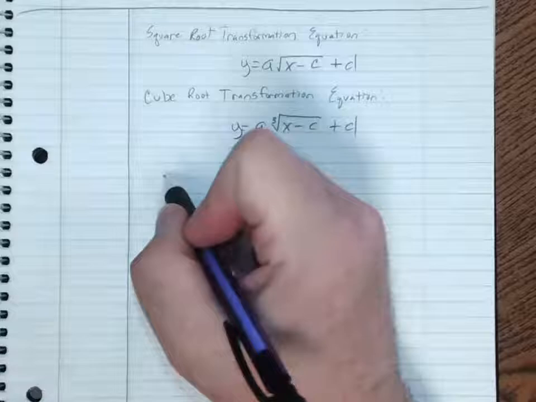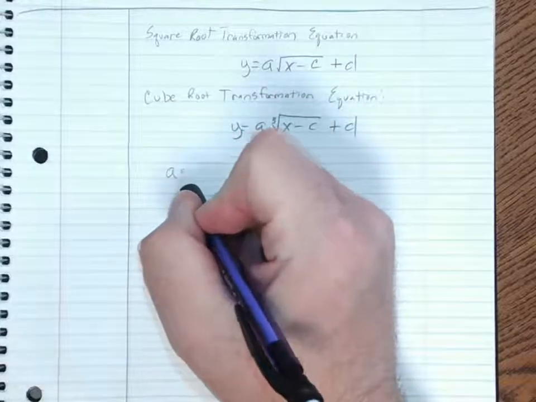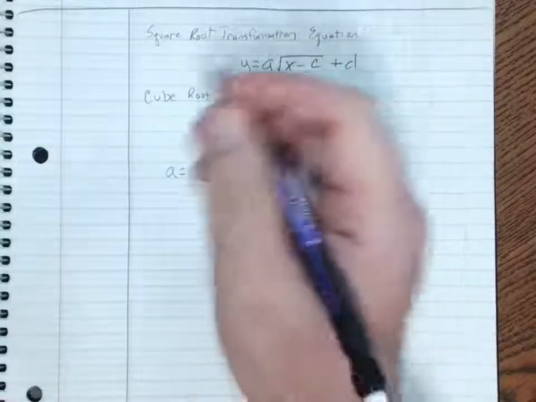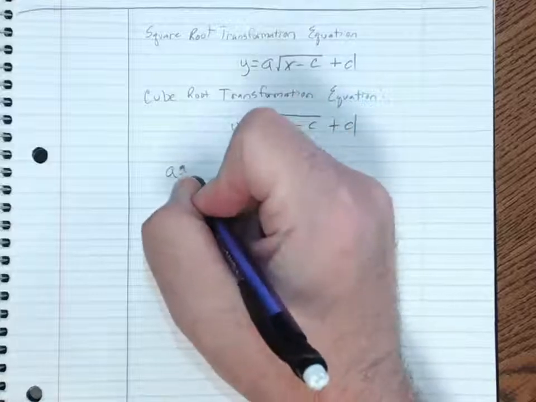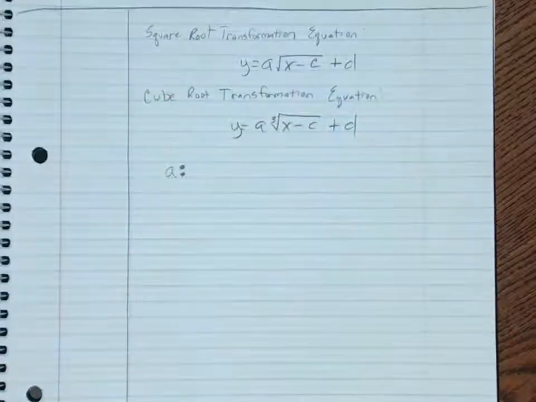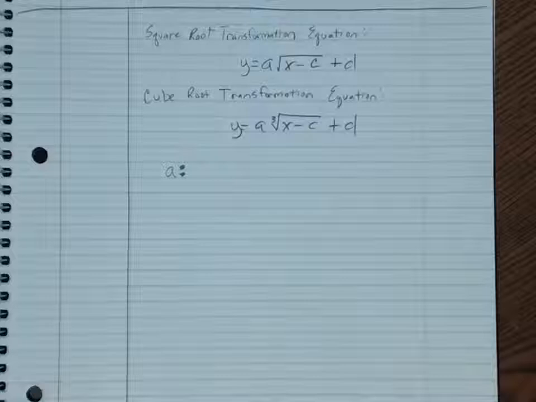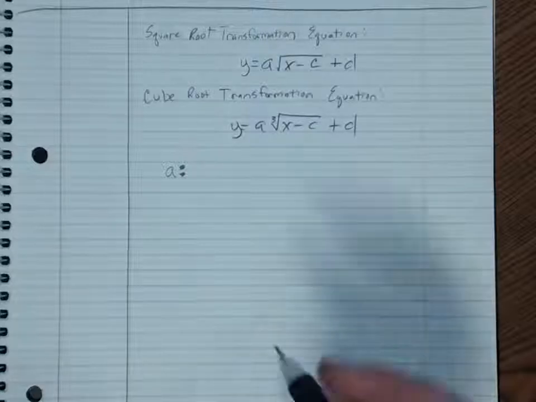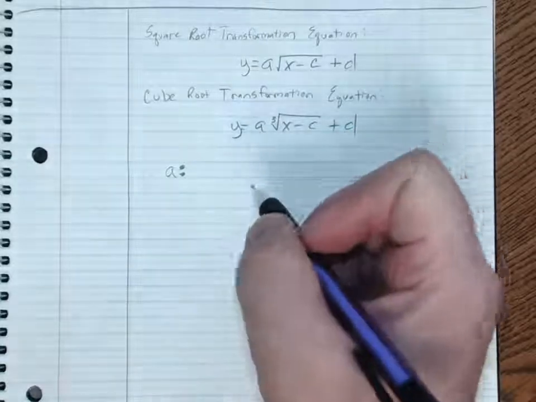The other thing I wanted to remind you is what each of these things stands for. So A controls vertical stretch and compression, right?